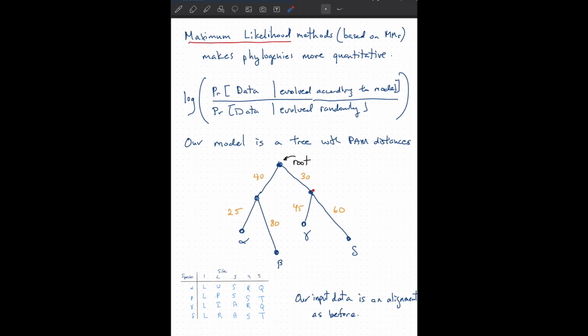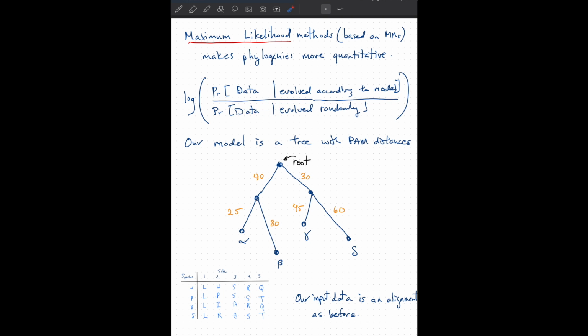But we can go back to maximum likelihood, which is something you guys are really becoming experts on with Markov models. So in the maximum likelihood model, it goes back to that old log likelihood that we've seen in several contexts, from binding sites and gene finding, where we want to evaluate the probability of the data we've seen given a model of evolution, versus the probability of our data just spontaneously evolving randomly.